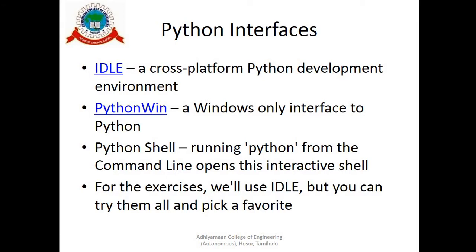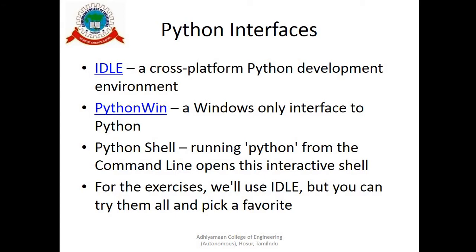IDLE is the default interpreter for Python programming. When you install Python in your system, IDLE itself will get installed. Other than IDLE, we can use PythonWin for Windows, and PyCharm, PyDev. These are all mostly used IDEs for Python programming.